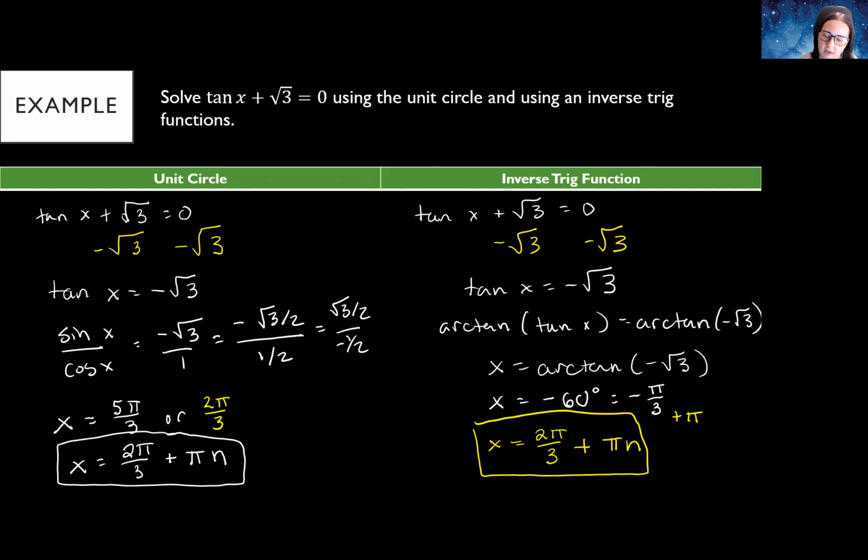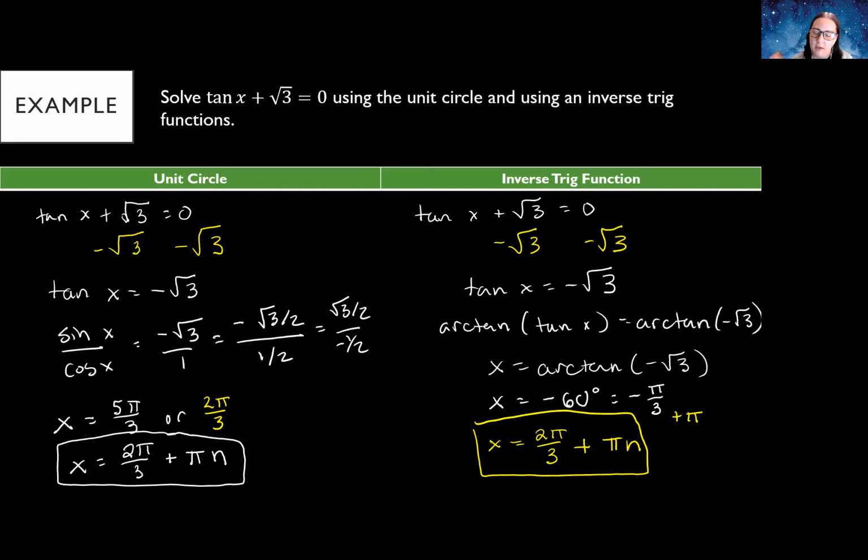That's why it gives us negative pi over 3 versus 5 pi over 3. Then you need to go back again and think, where do I want my answer for tangent? We want it between 0 and pi. So you have to go back and figure out what the other answer is that falls into that area.